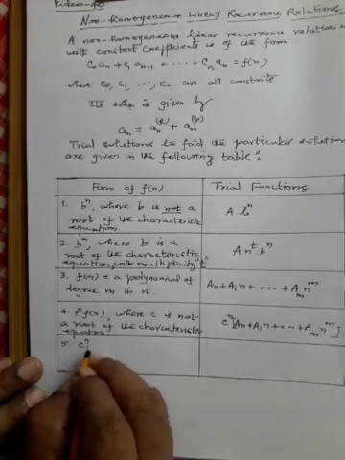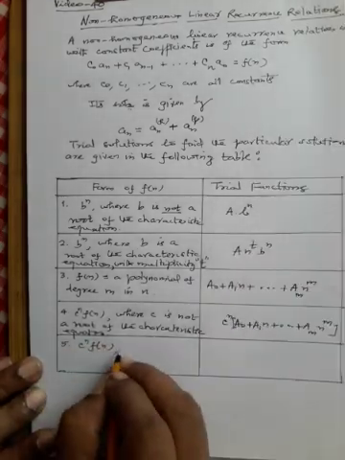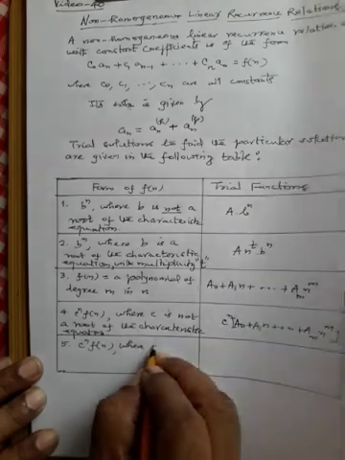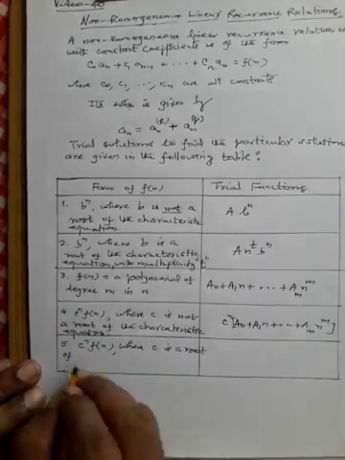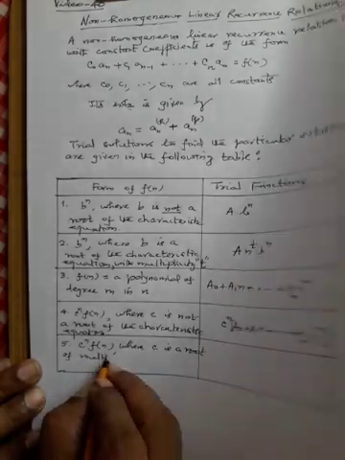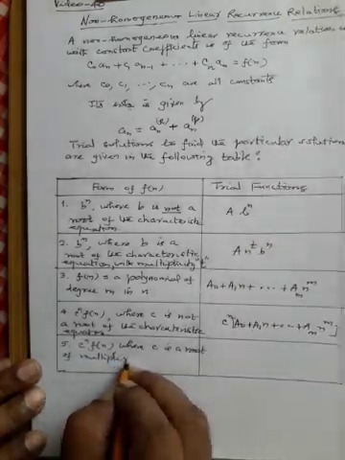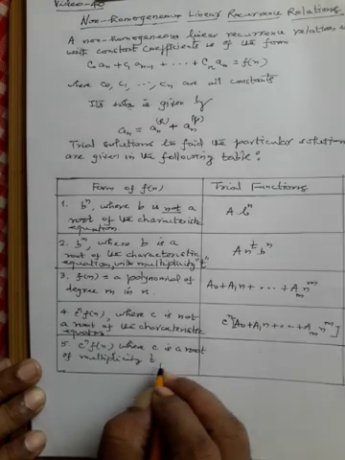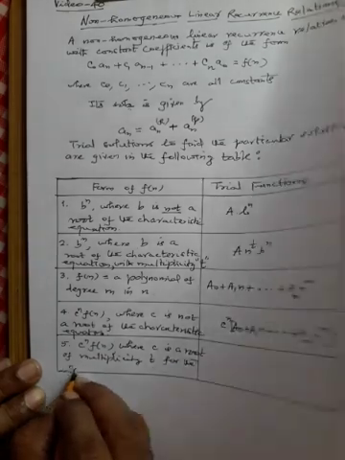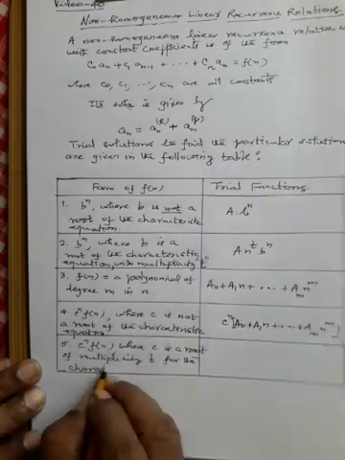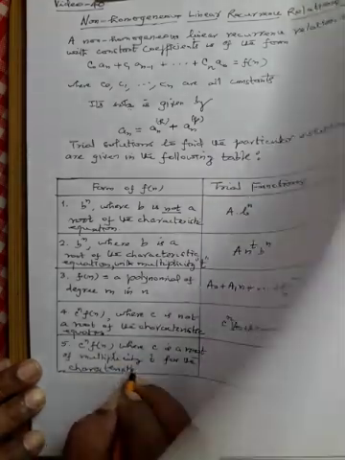Now the natural question: c power n times the polynomial, where c is a root of multiplicity t of the characteristic equation.